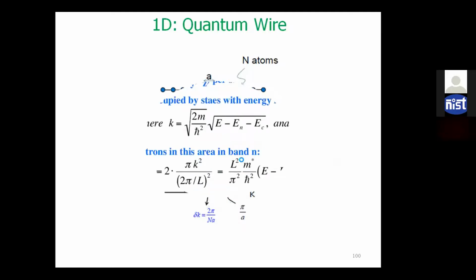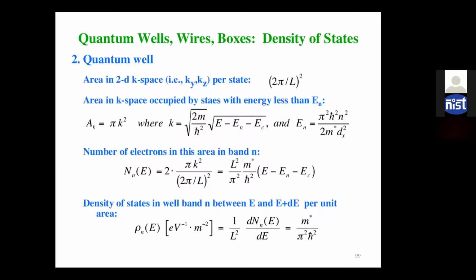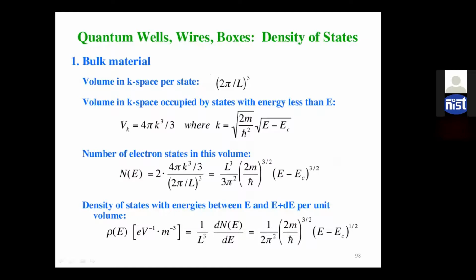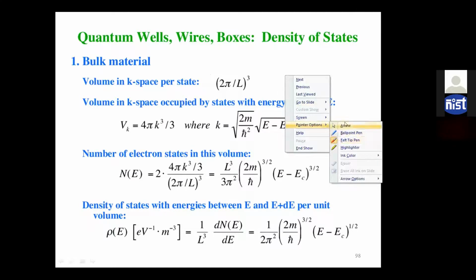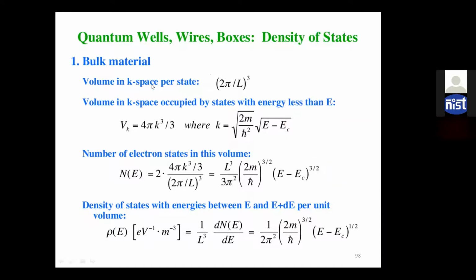So let's go for a bulk material, which, as you know, is three-dimensional. For a bulk material, the volume in K space per state is 2 pi by L whole cube, where L is the width of the dimension we consider.